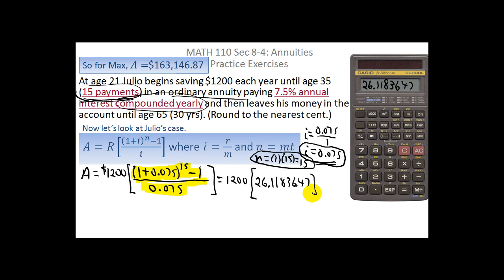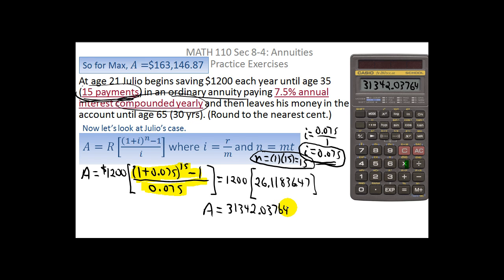Of course now I just need to multiply that by 1200, so I use my calculator and say times 1200 equals. That product, which will give me A, is 31342.03764.